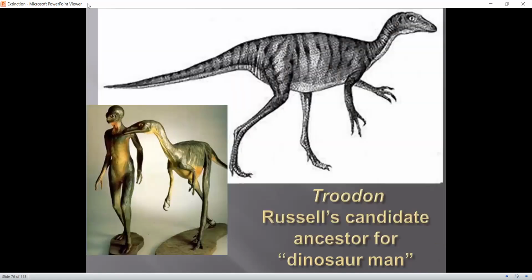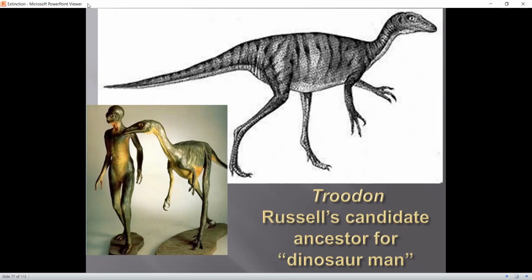Very clever idea. His candidate for the predecessor, or progenitor, of Dinosaur Man was a thing called Troodon, which was a bipedal dinosaur, a predator. He said if it had evolved, this would have been the parent of Dinosaur Man after a lot of evolutionary changes. And he had both of these things.